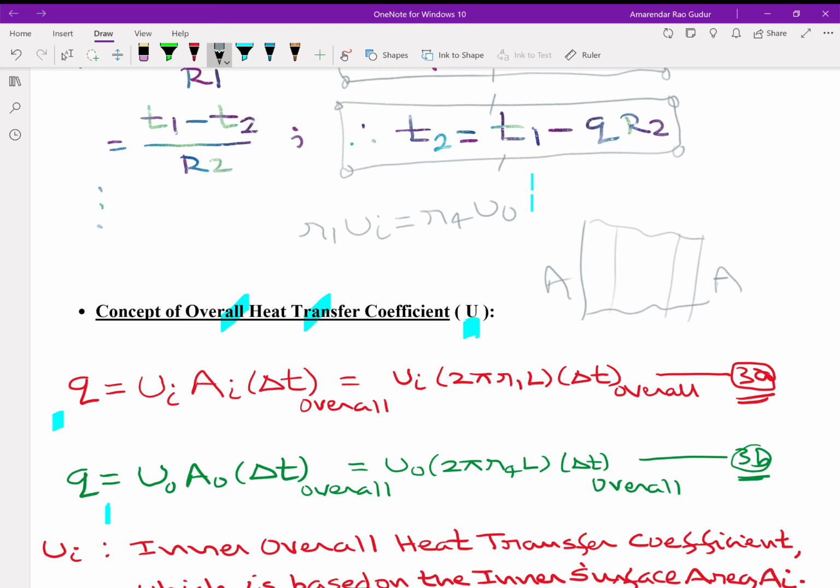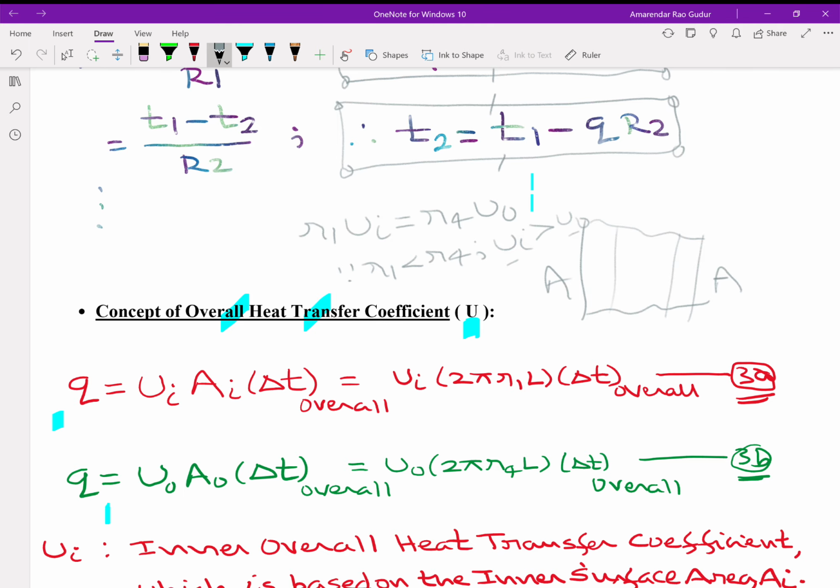So the product of innermost radius times Ui should be equal to the product of outermost radius times U naught. And since R1 is much inferior to R4, it follows that Ui is much more than U naught. Mathematically, this is the reason why Ui is more than U naught.